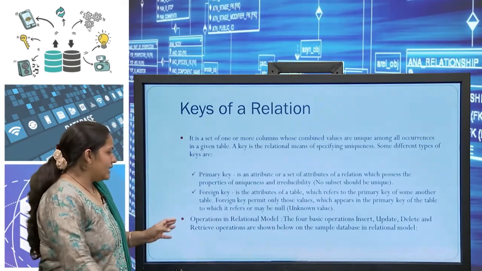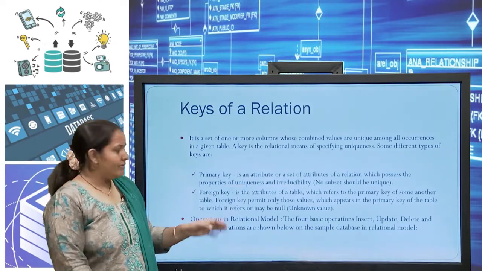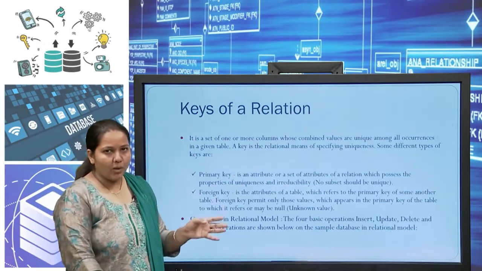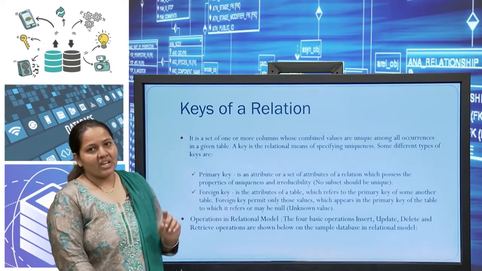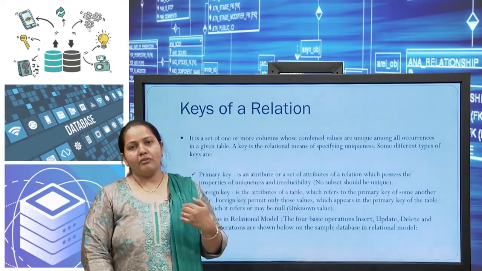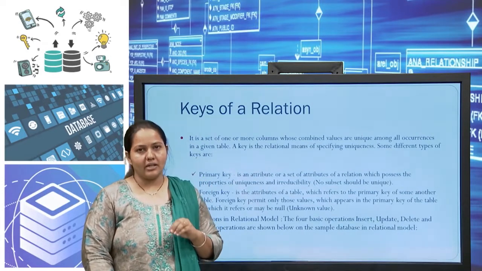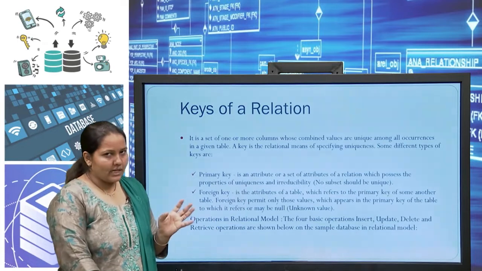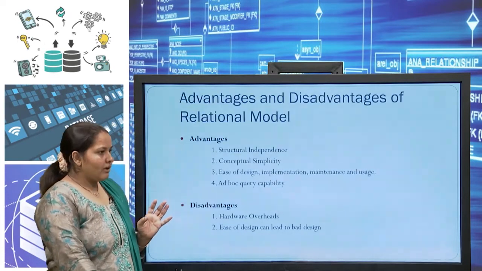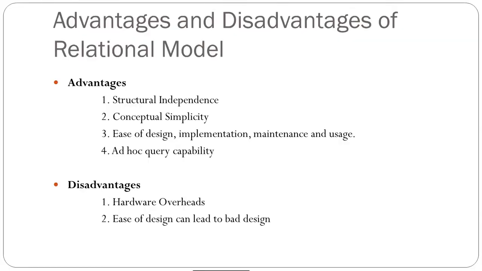Okay. So these are the operations of the relational model, and we can apply insert, update and delete operations within that relation, taking care of whatever constraints or keys we define within it. Now, the advantages and disadvantages of the relational model.